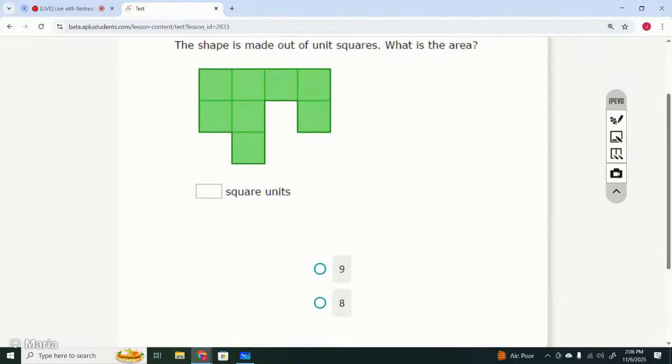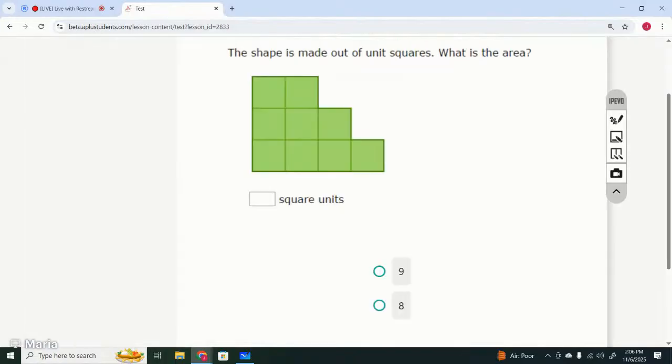The shape is made out of unit squares. What is the area? So, which is the correct option? That is very good. 8 it is.